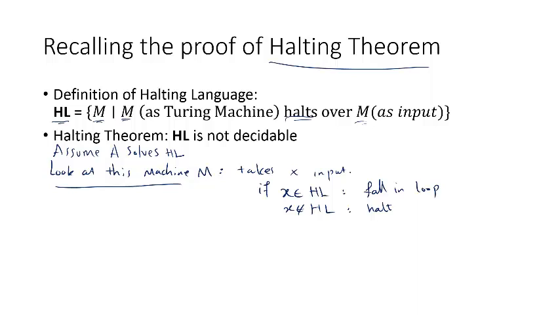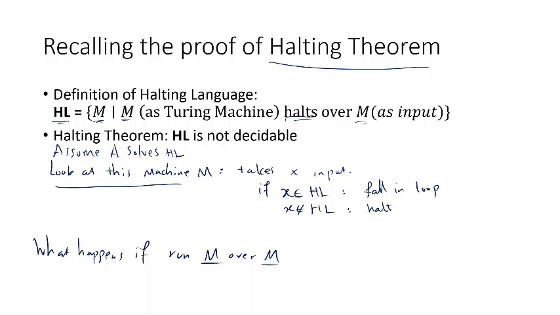So okay, what is the problem? What is the contradiction now? The contradiction is that if you execute the machine M over itself, it's not clear what happens. So what happens if you run M over M?